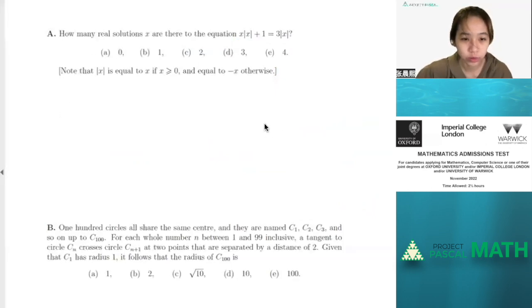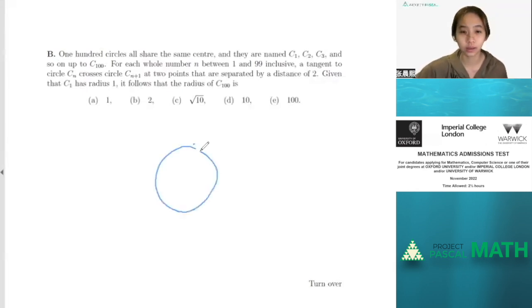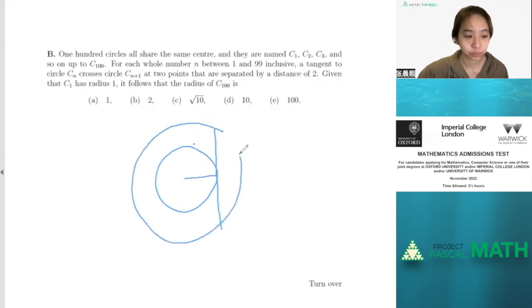Okay. For B, 100 circles share the same center. They are named. Okay, so you can imagine that it looks something like this. The center here, and then the circle that's slightly bigger. So this is 1, and this is the radius of the largest circle, which is R(n+1), and this is the radius of the small circle.